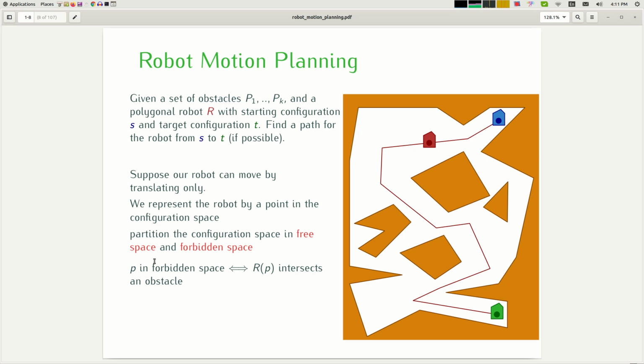So intuitively, if we could somehow enlarge the obstacles such that the only points left as empty space are the valid locations, then we just need to solve the connectivity problem. Can we start from a valid location and reach a valid target location only through this valid space?